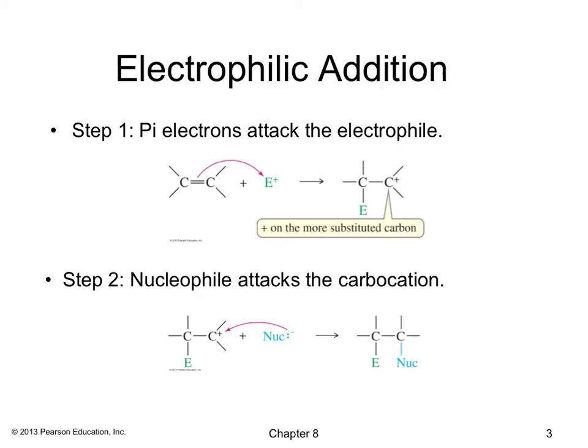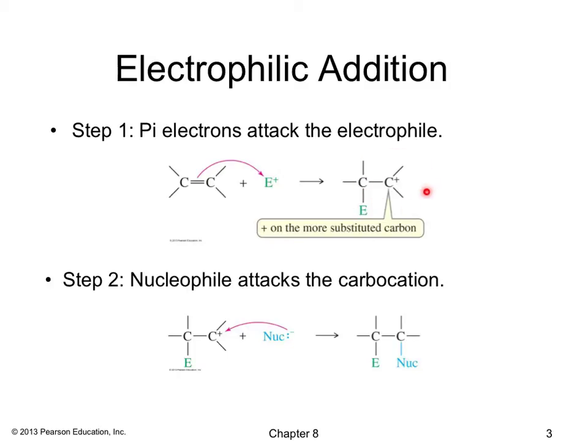So in an electrophilic addition, the first step is the pi electron attacking the electrophile. Again, when you're drawing these mechanisms, you want to have full arrows in which you have the source of electrons. In this case, it's the pi bond, the double bond, attacking the electrophile so that it forms a bond.